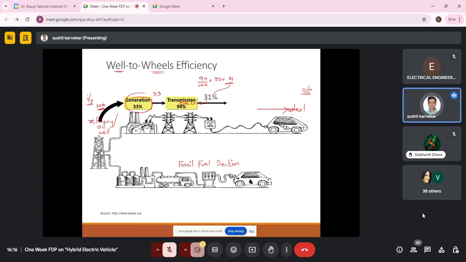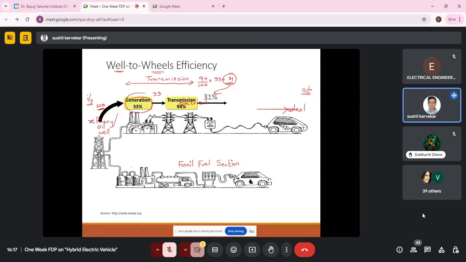So from the transmission side the efficiency is 31%. This is the first part that we are trying to understand.